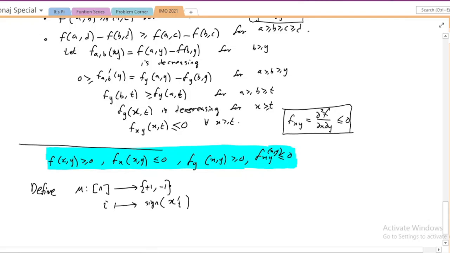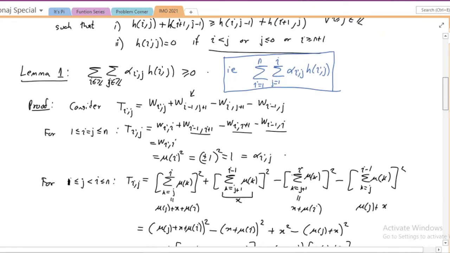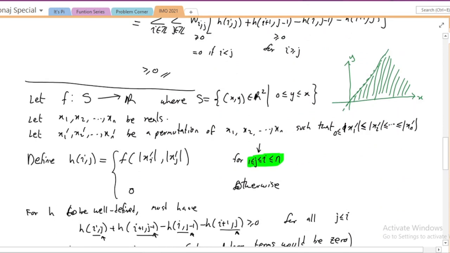It's not very important. Any sign actually works for this. Otherwise we just use our regular sign. So if it's positive, it's plus 1. If it's negative, it's minus 1. So this is what we'll be taking as our mu. And once we have this, then lemma 1 holds. So we're going to interpret lemma 1 in terms of this definition of h.